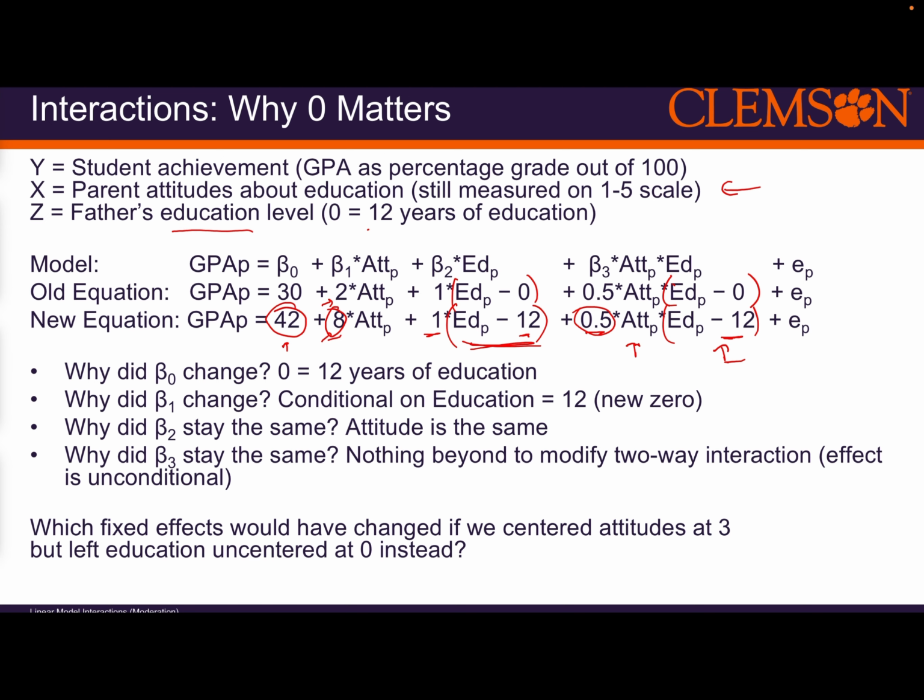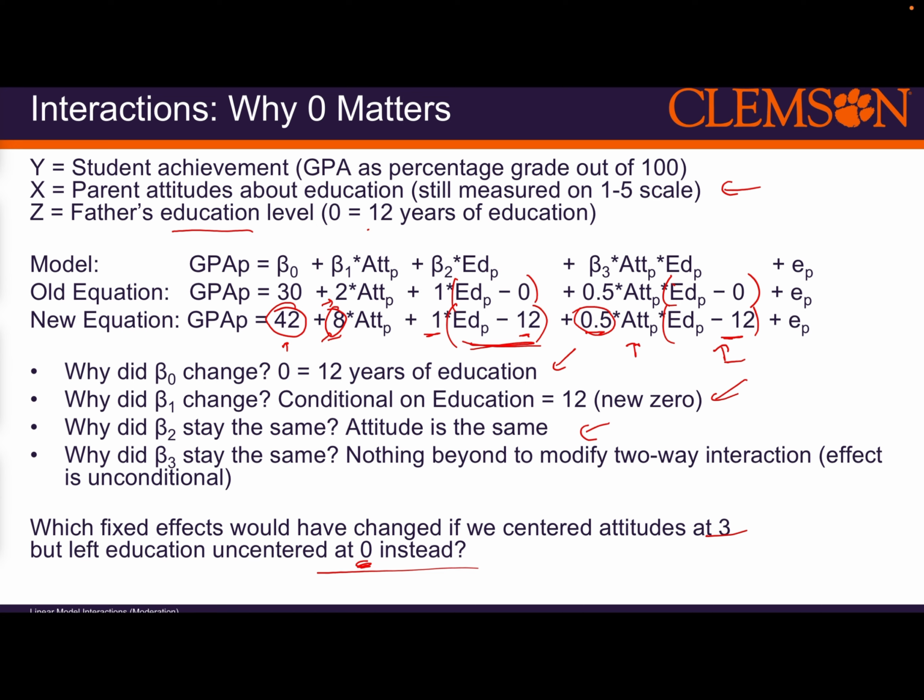Right? So what do you think would happen, which fixed effects would have changed, if we centered attitude at 3 but left education at 0? The same process would happen, right? So beta 0 would absolutely change. The intercept always changes when we center. Beta 1, that would not change because we did not change the interacting variable with it.